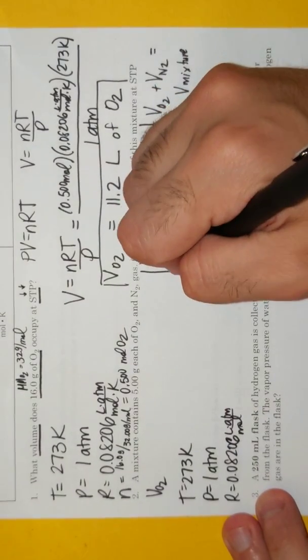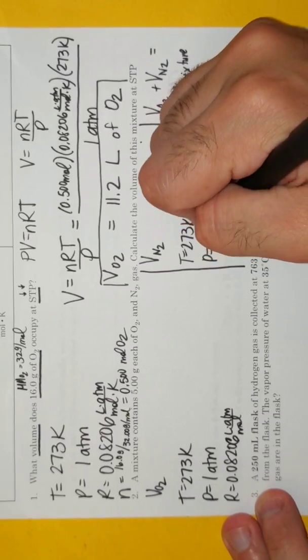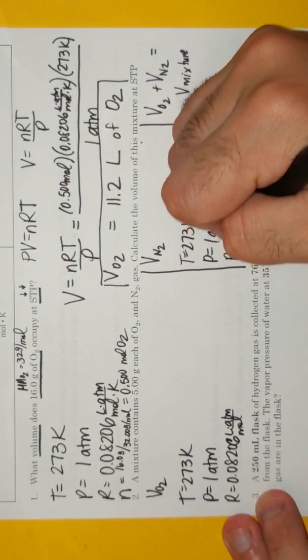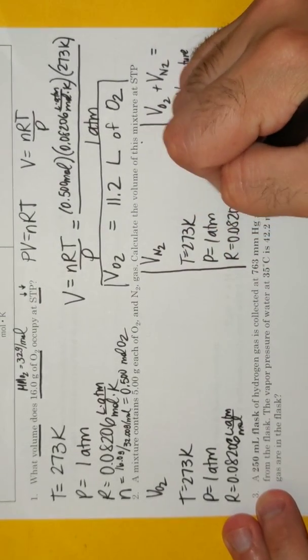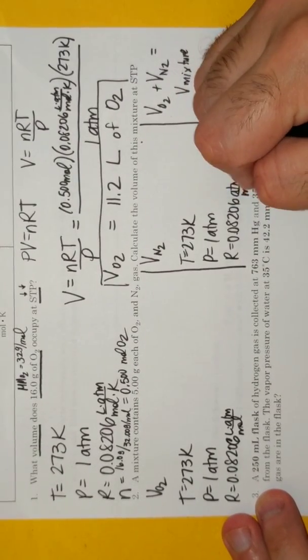I say that for this one too: T is 273 Kelvin, P is 1 atmosphere, R is 0.08206 liters atmospheres over mole Kelvin.